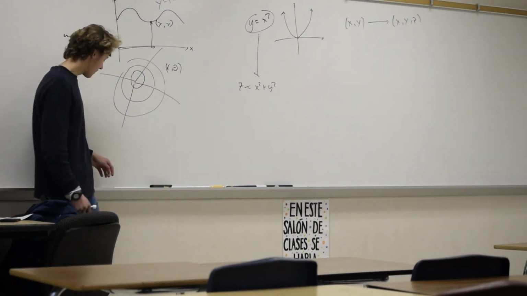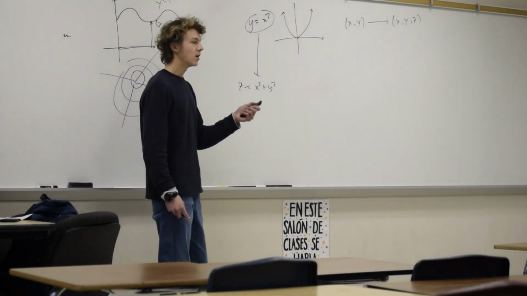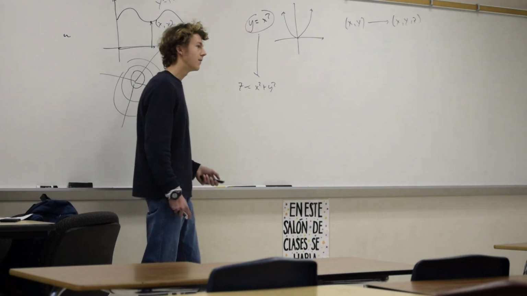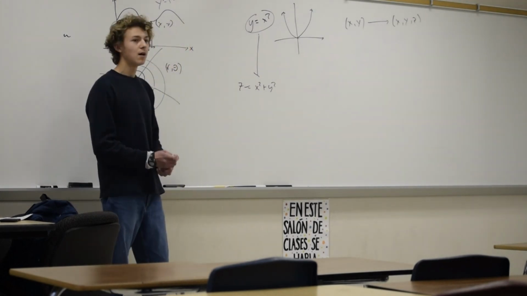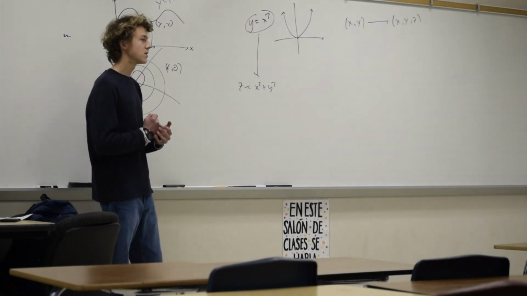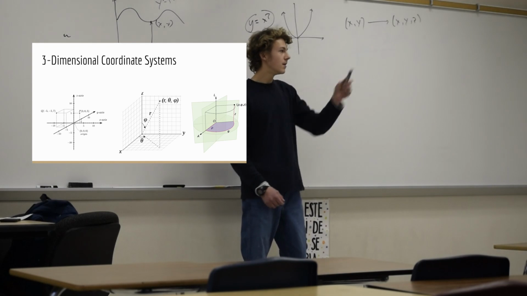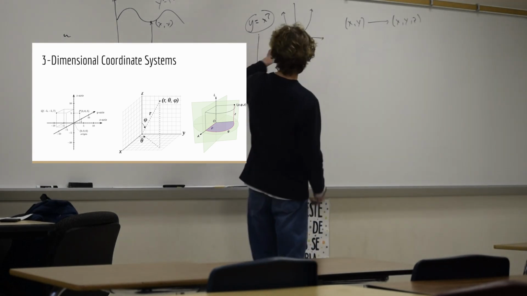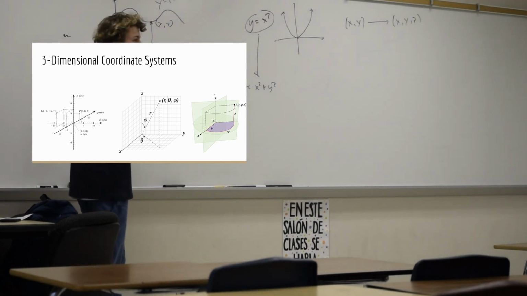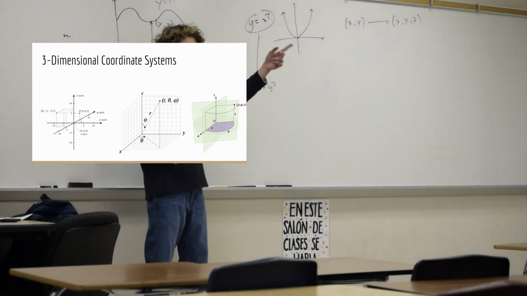So in 3 dimensions, here are the 3 most commonly used systems. We have two polar systems and 1 Cartesian system. I'm going to start with the Cartesian system. The 3-dimensional Cartesian system is basically the same as the 2-dimensional one, except now we're adding another spatial axis. We're adding the z-axis that goes up, perpendicular to both the x and the y-axis.